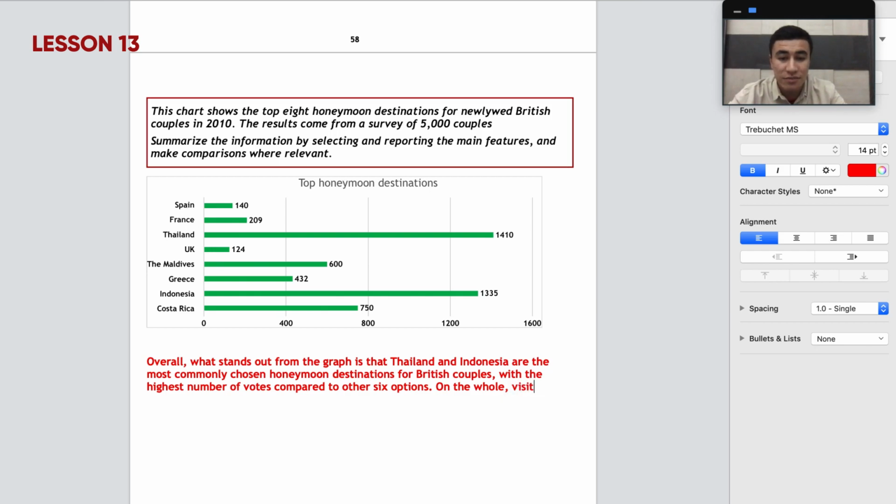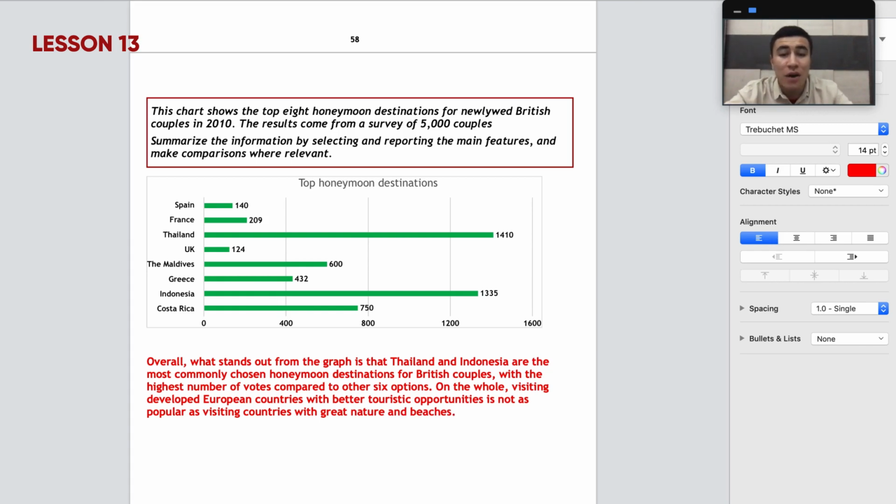Let's say visiting developed European countries with better touristic opportunities is not as popular as visiting countries with great nature and beaches.